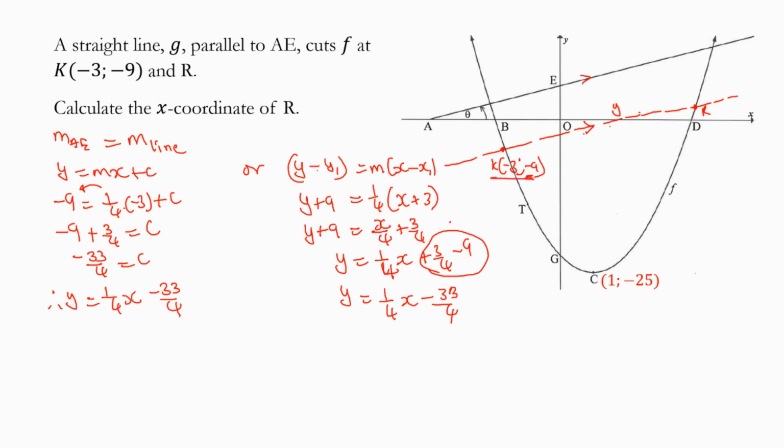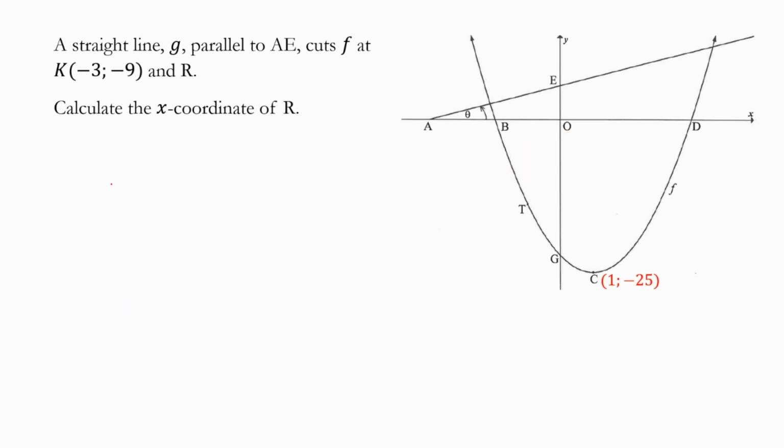Remember that, okay? So we can solve these two equations simultaneously and find the coordinates of K and R. This is going to be our checking point, because we must get -3 for our x. One of our solutions must be -3. Let's just do that now. We have the equation of g, which is y is equal to 1/4x minus 33/4, and the equation of the function f of x is x squared minus 2x minus 24.